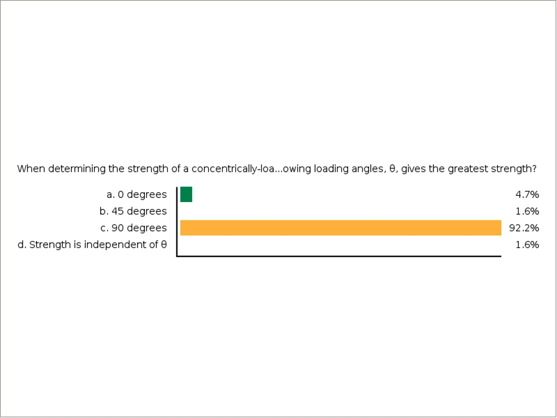All right. Looks like the answers are coming in a little bit slower, so let's go ahead and see what the results are here. So Brad, on this one, it looks like almost 90% of the people think that the answer is C, 90 degrees. Did they get that one right? Yes, that is correct.